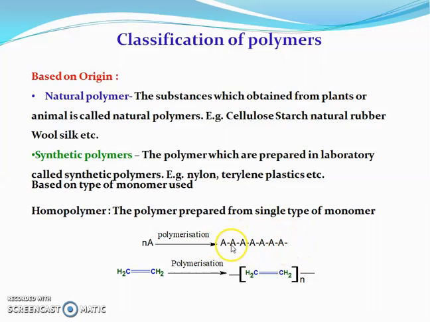In this figure, it means similar monomers join. This is called a homopolymer. For example, ethene gets polymerized to give polyethylene. This polymer contains only a single monomer, ethylene.